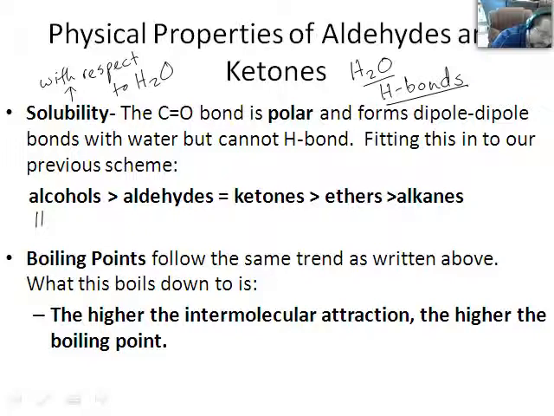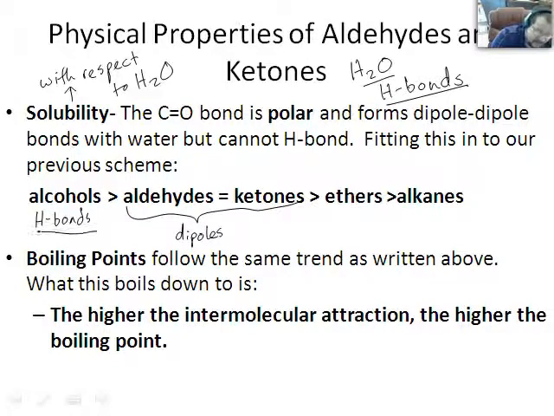So alcohols, ROH, are capable of H bonding. Aldehydes and ketones can't H bond, but they do have dipoles. So they have a positive side and a negative side.